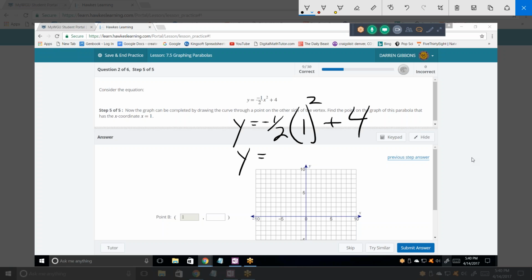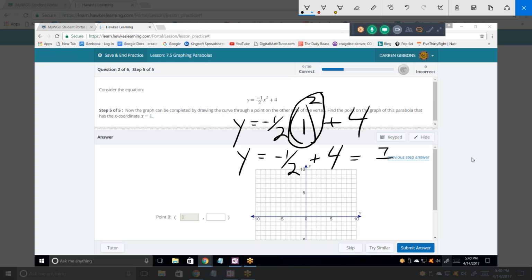So 1 squared is equal to 1. Times minus 1/2 is minus 1/2 plus 4. It's equal to 3.5.